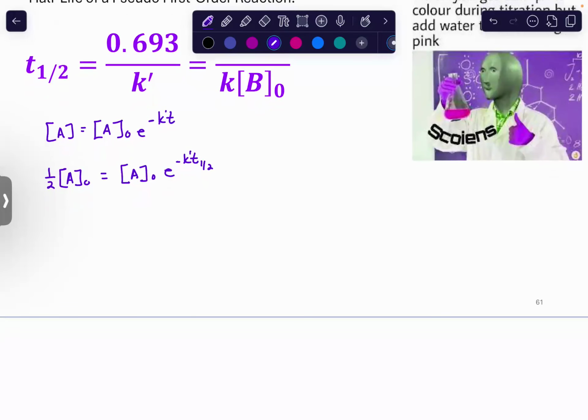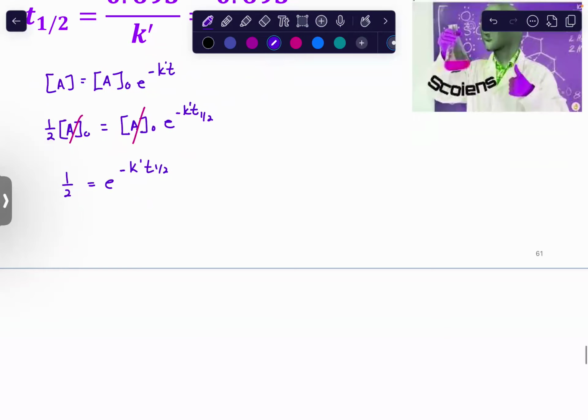So if I divide through by A0, that's going to cancel those two out, which is going to give me, I skipped a step, let me not do that to you. Okay, so 1/2, now I'll do the natural log.